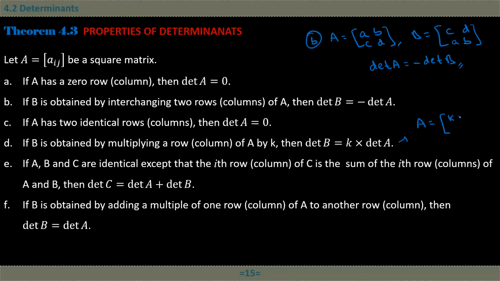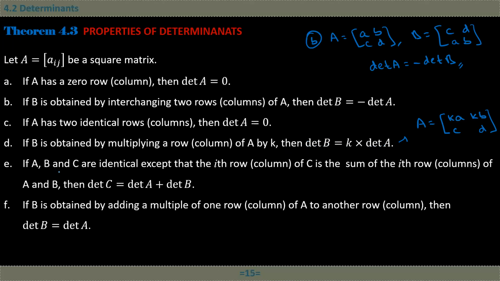It is K times A, K times B. And here we have C and D. What is the determinant of this one? If you calculate this, K times AD minus K times BC. So K is a common factor. We can just take this out. If one single column or single row is multiplied by K, the determinant of B is equal to K times the determinant of A.